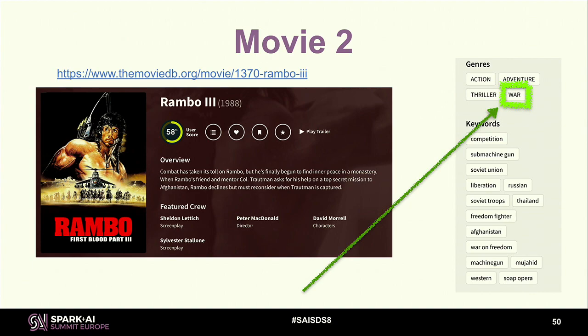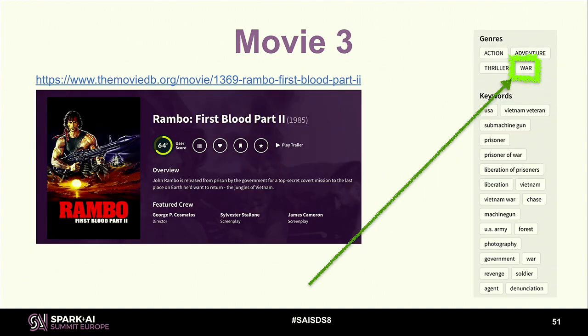It does have a genre of war movie, but it doesn't have the keyword war. And third movie is Rambo First Blood Part 2, as well a war movie in terms of its genre, but again, not mentioned as a keyword, right?